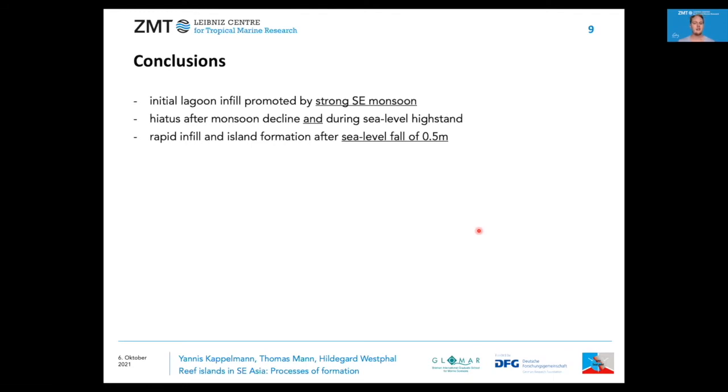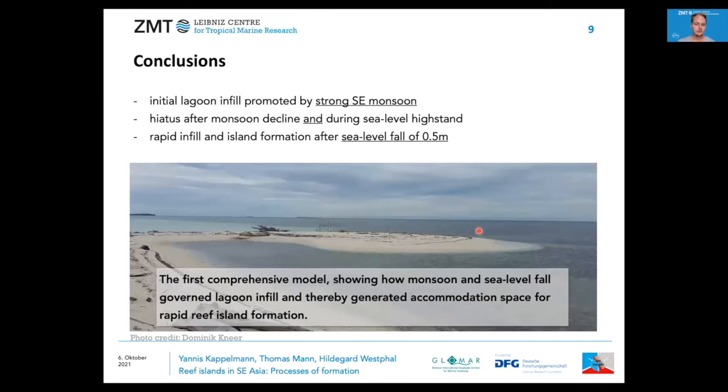And we see that the actual infill and the island formation occur very rapidly after the sea level has fallen from its high stand of around 50 centimeters above the recent sea level. So overall, this is the first comprehensive model that shows how monsoon and sea level fall have governed lagoon infill and thereby generated accommodation space for a rapid reef island formation.